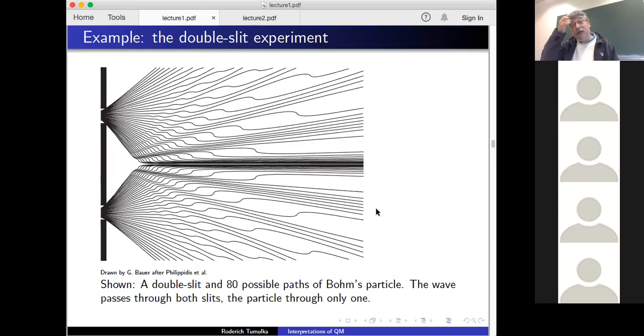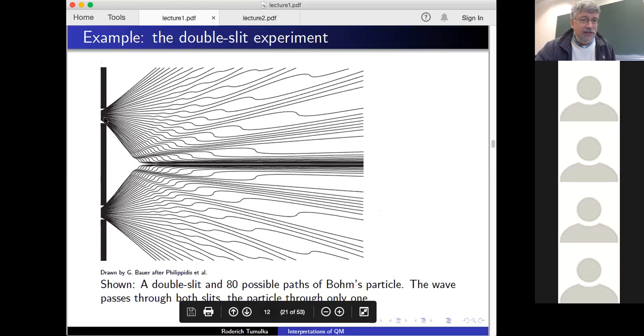Let's look at what Bohmian mechanics actually looks like, what the trajectories look like. Here's a simple example, the double-slit experiment. In this picture, I've drawn some Bohmian trajectories. The idea is that this thing on the left is some kind of screen that has two slits. Here's slit number one, here's slit number two.